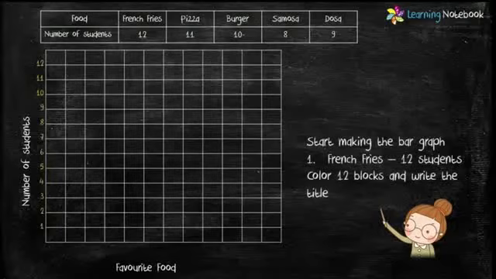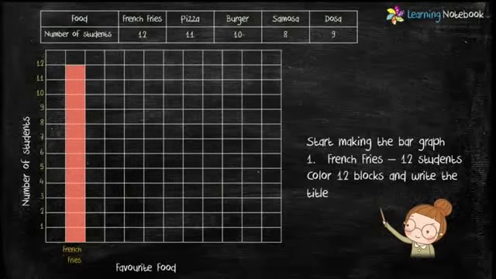So students, now let's start making the bar graph. First, we have to represent number of students who like French fries, which are 12 students. So let's color 12 blocks and write the title French fries.